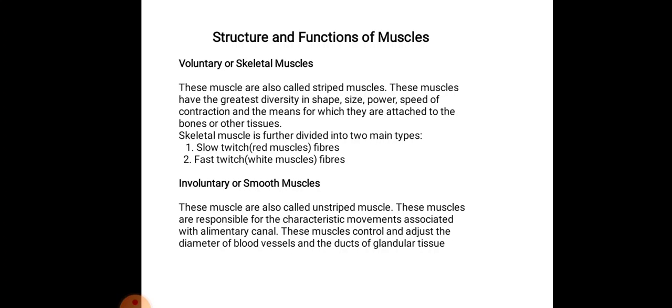Fast twitch fiber muscles, or type 2, have three main types in order of increasing contractile speed. Type 2a muscle fiber is aerobic, rich in mitochondria and capillaries, and appears red when oxygenated. Type 2x muscle fiber, also known as type 2d, has less density of mitochondria and myoglobin.